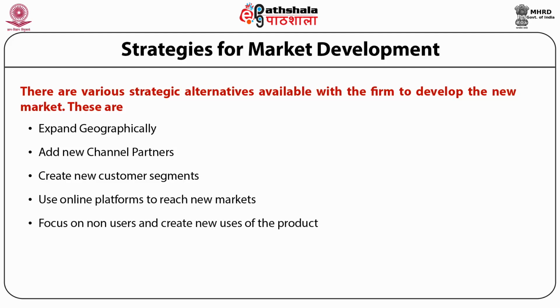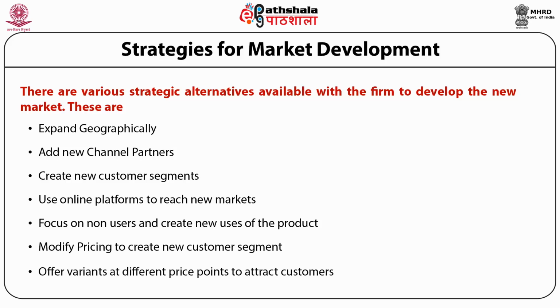The company can focus on non-users and create new users of the product. That's another way to tap the untapped potential of the market. Or modify price to create a new customer segment. Companies can also choose to offer variants at different price points to attract customers, and this way you can actually develop new markets and come up with wider options for new customers.